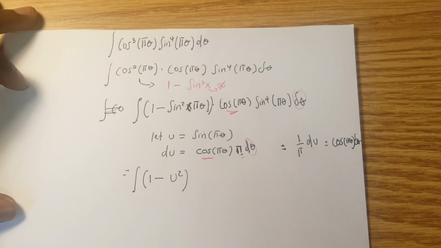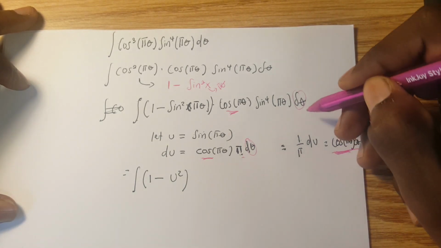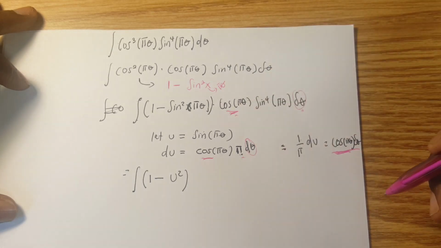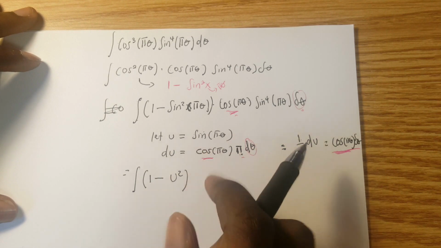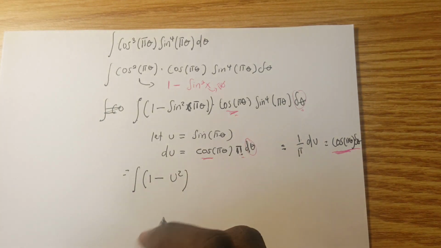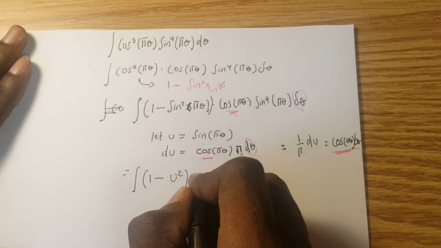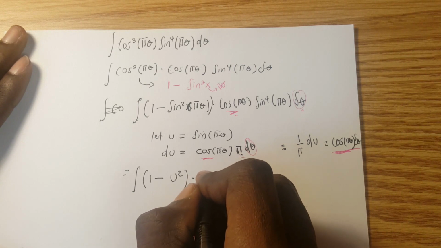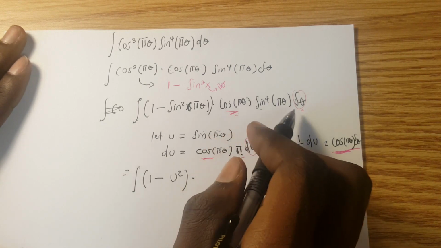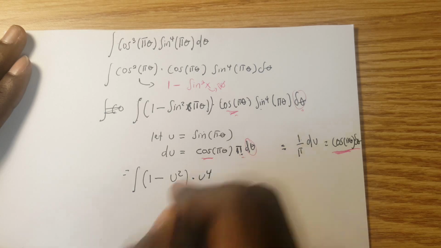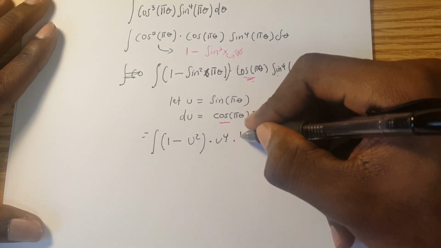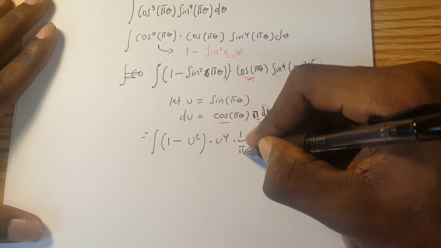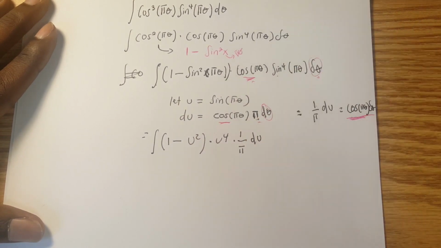So now, we know that we're substituting this guy right here for these two guys. If you bring this one up here, we have sine 4 there, so we're going to have u to the 4 multiplied by 1 over pi du.